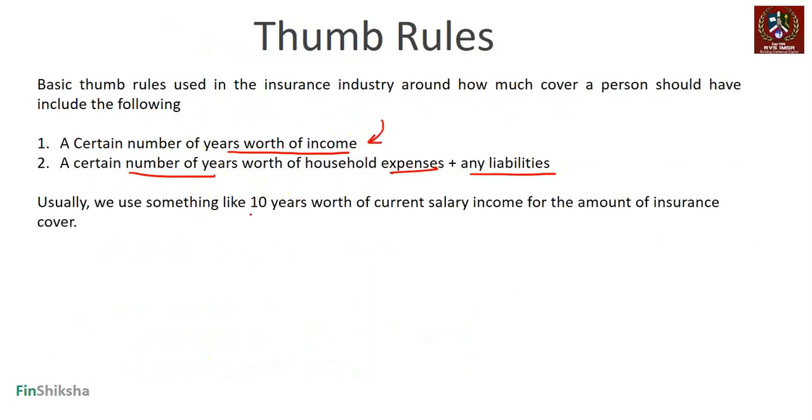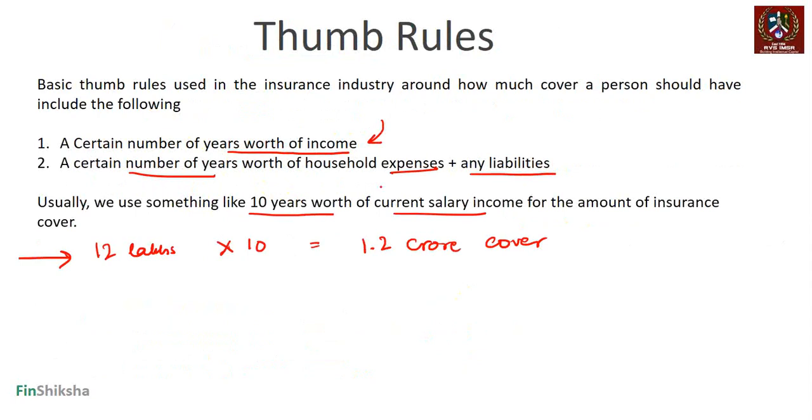Typically, we use something like 10 years worth of current salary for the amount of insurance cover. So if the current salary for someone is 12 lakhs, you will just multiply that with 10 to get 1.2 crore of the insurance cover or sum assured. That's what you will look at, right?